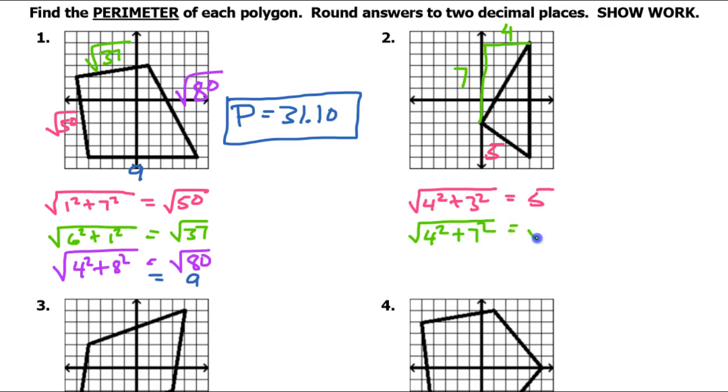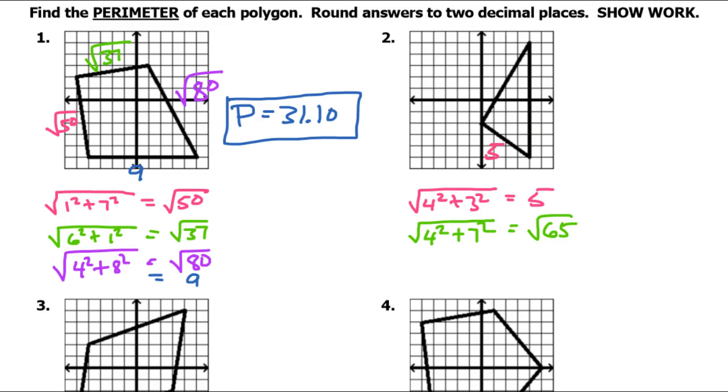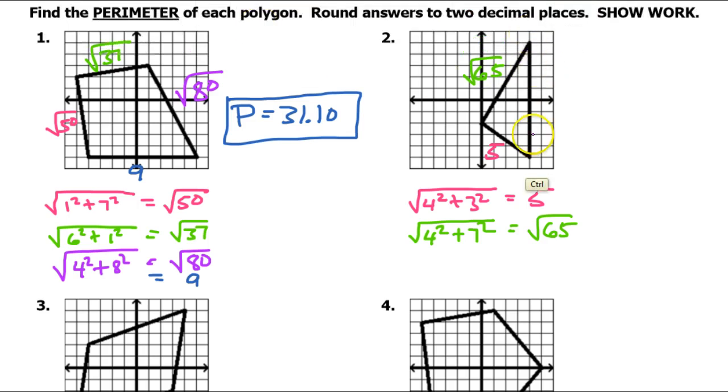That is radical 65. And then the vertical piece we can just count. So let's see. Below the x-axis, that's 5, and another 5, so that's just going to be 10.